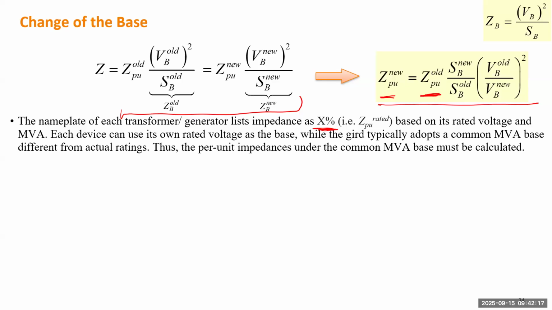That actually means the per unit impedance using the rated values as the base values. If you see 20% for impedance, that means if you use rated power and rated voltage as the base values, the per unit impedance will be 0.20 per unit. That's exactly the same thing.